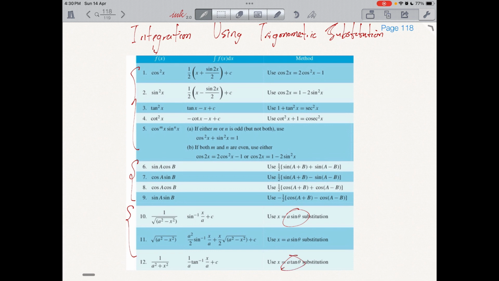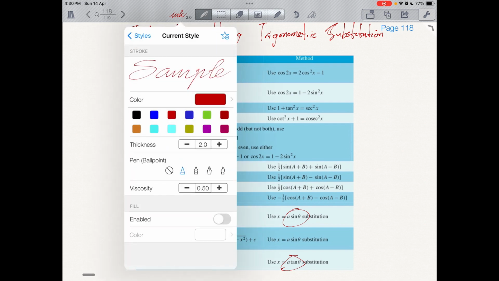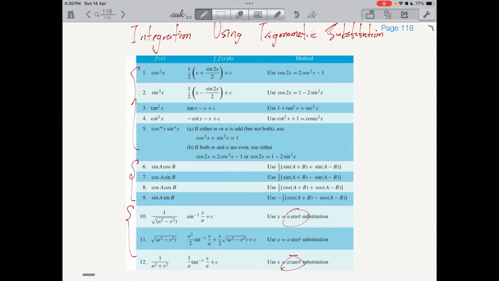So these are the forms. But before we go deep into this, let's look at how to integrate cos square theta, or let's say cos square x and sine square x, so that we will understand the basics of what we are going to be doing.